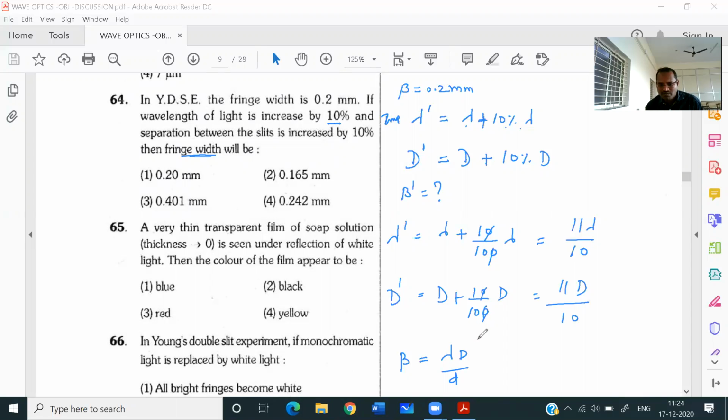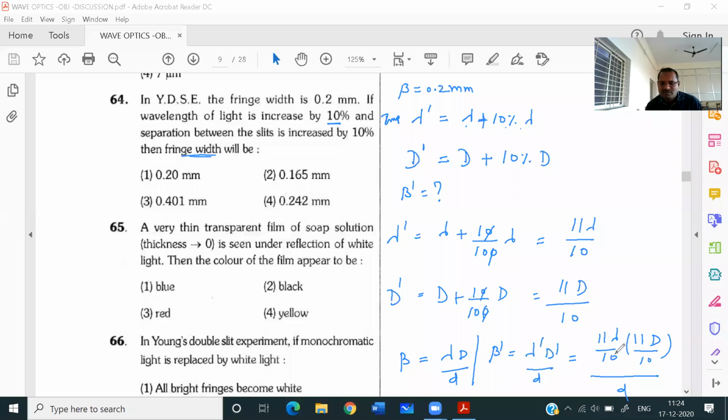Now beta dash becomes lambda dash D dash upon small d. What is lambda dash? 11 lambda by 10. Capital D is 11 capital D by 10, upon small d.